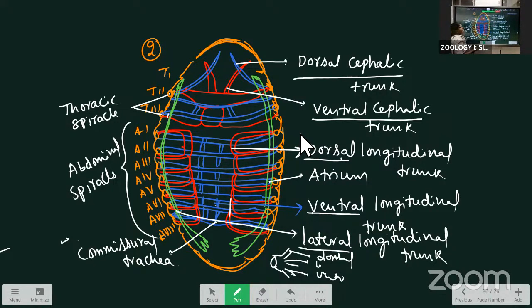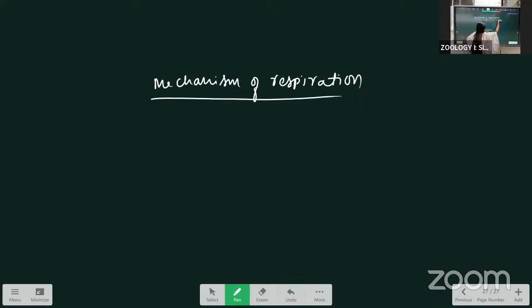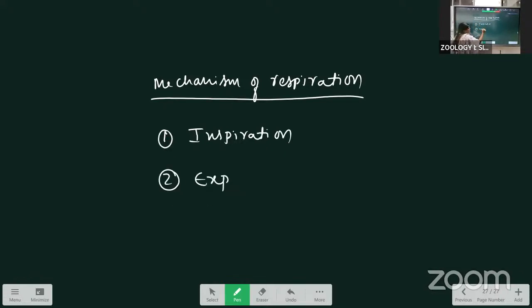Next one is the mechanism of respiration. I will take one. Mechanism of respiration. In this, two processes are there, inspiration and expiration. All of you know this.